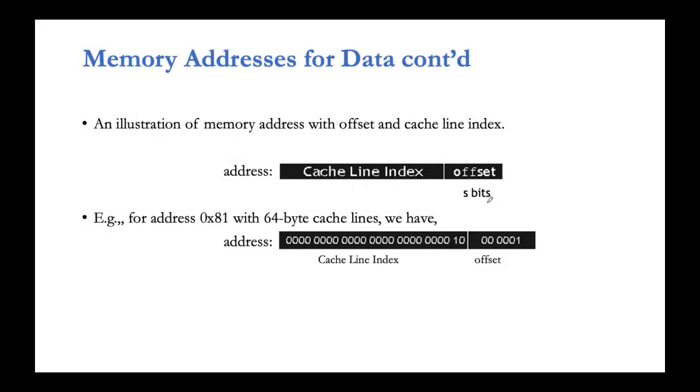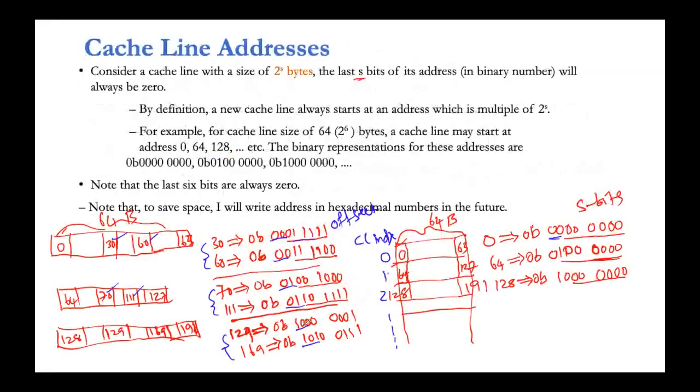The last bits are your S bits and the first are your cache line index. For the address 129, the last 6 bits are your offset and the first 2 bits are your index, 10. That is what we have seen here for 129.